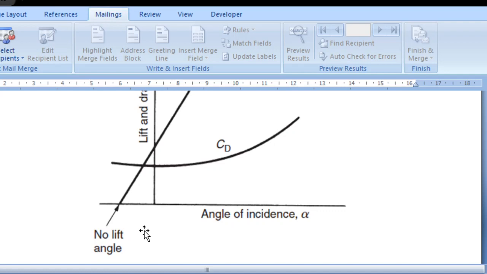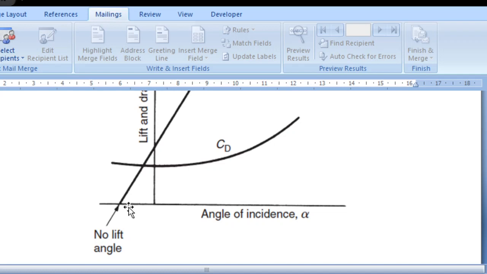There is a line at which no lift force occurs, and this happens at the negative angle. Means here we are defining the line joining the chord forward, leading edge to the trailing edge. So angle above it is defined as a negative angle.